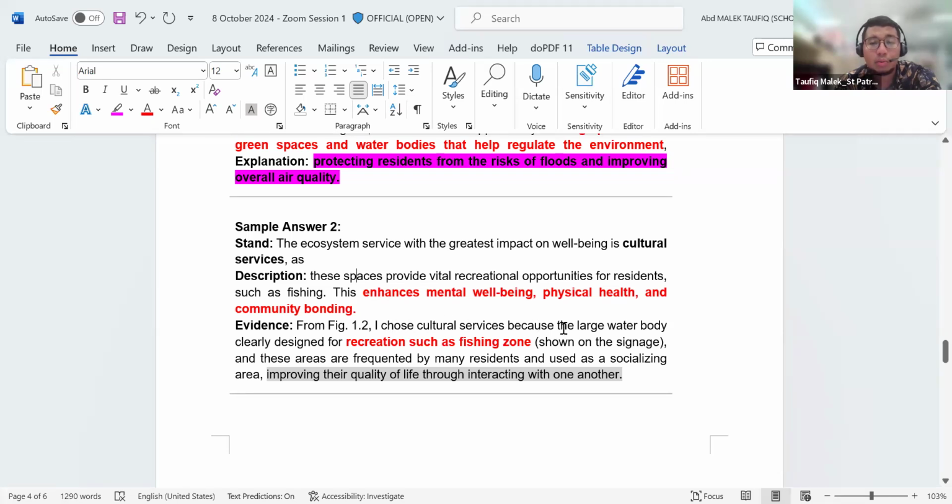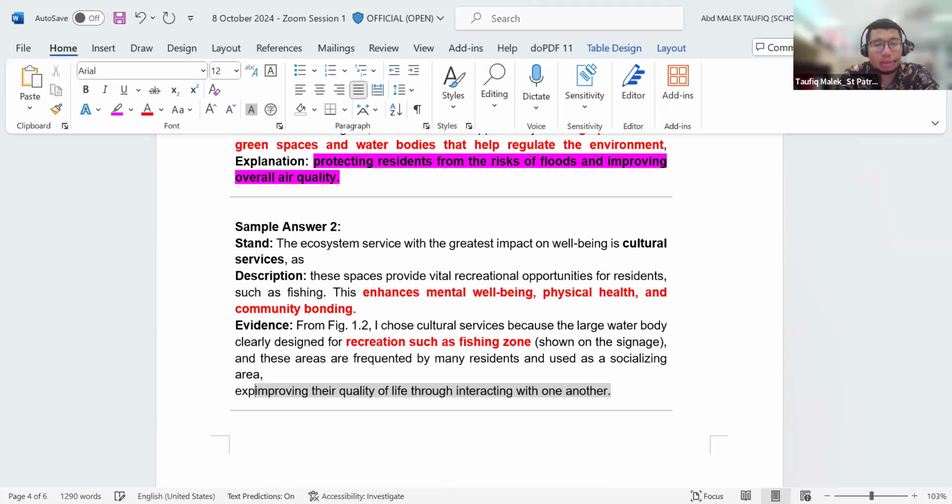I chose cultural services because the large water body is clearly designed for recreation such as a fishing zone, which is in the signage, and also areas that are frequented by residents and used for socializing. Again, my explanation is here: a brief explanation, improving the quality of life through interacting with one another.